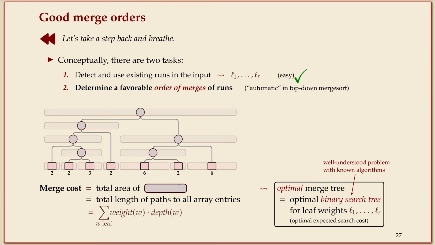Now this is the point where you want to study algorithms, and sometimes esoteric topics from the 70s turn out to be useful. It turns out people have studied this problem. It's exactly the same as asking for the best binary search tree. So the model there is you have leaves.